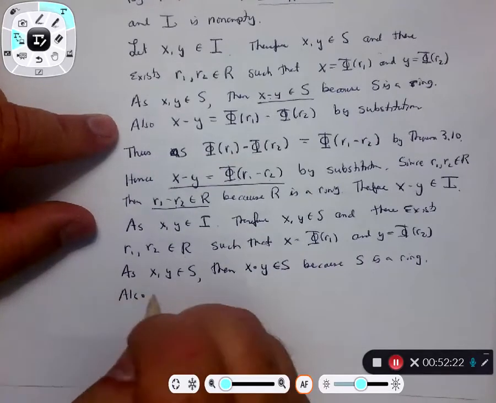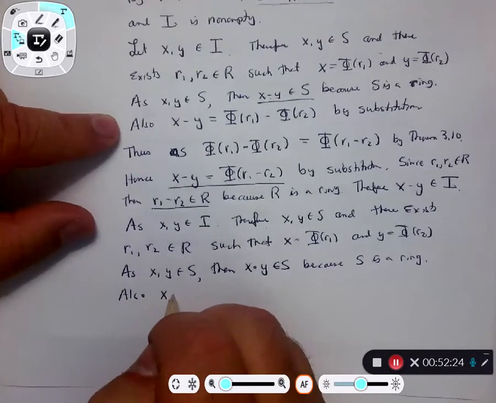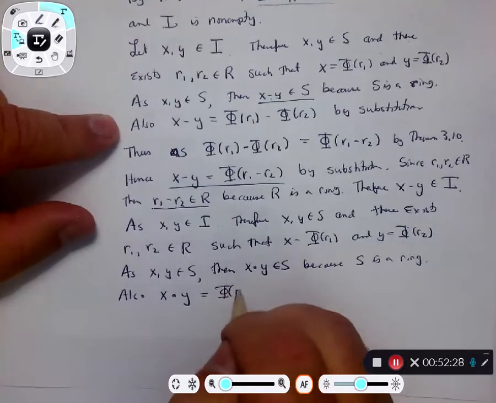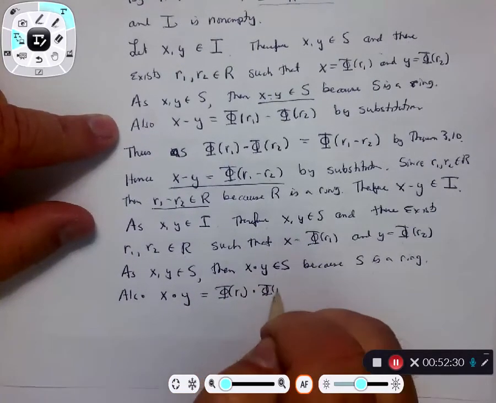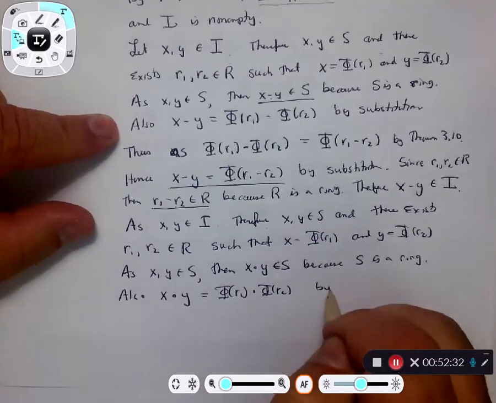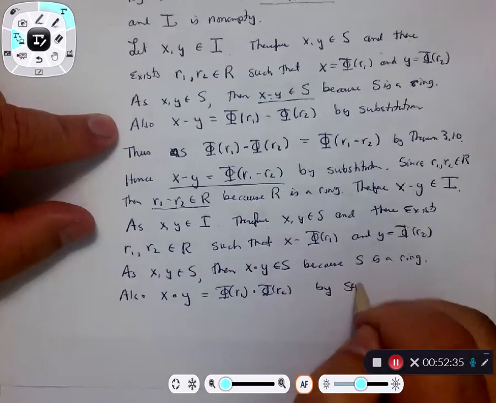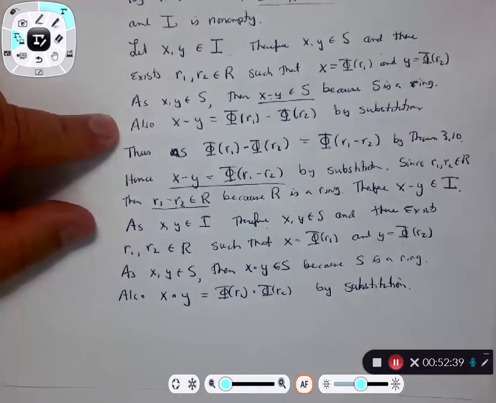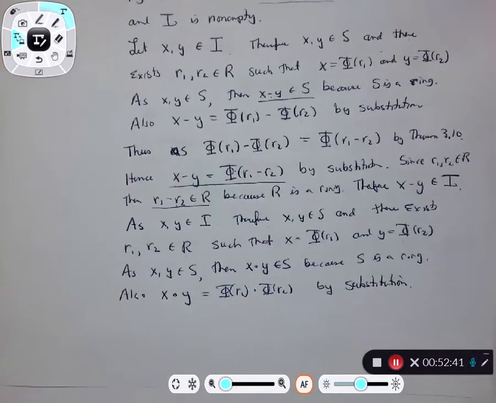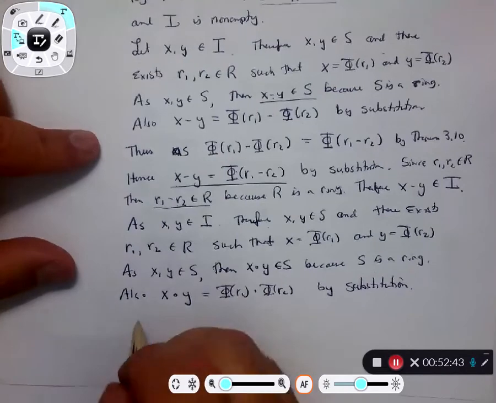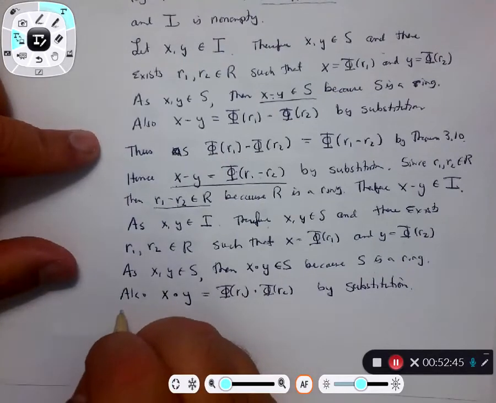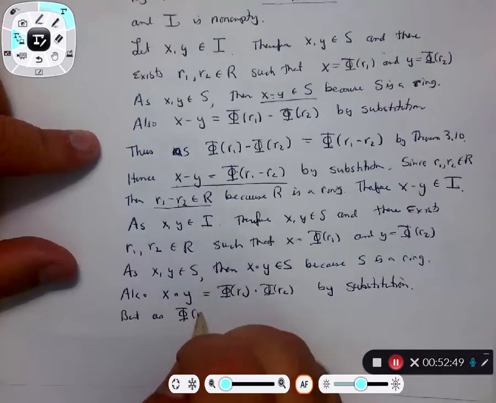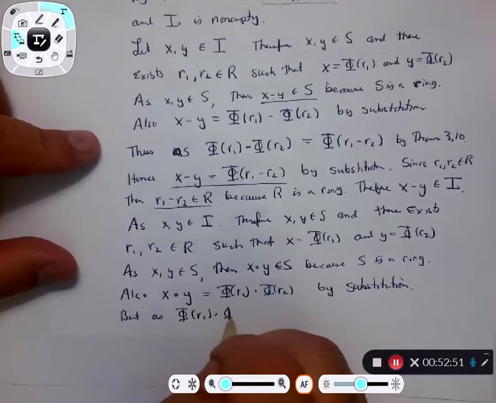Also, x, instead of minus, it's times y is equal to phi of R1 times phi of R2 by substitution. But x times y is equal to phi of R1 times phi of R2.